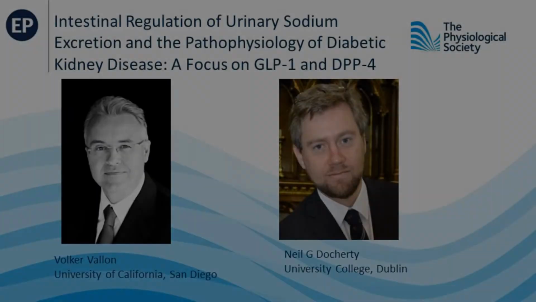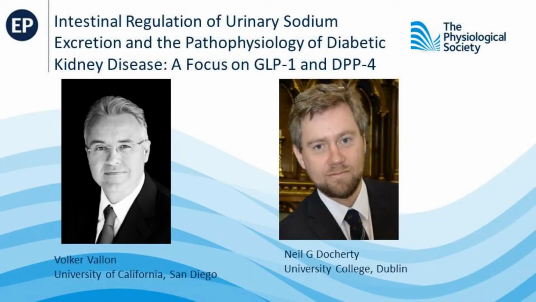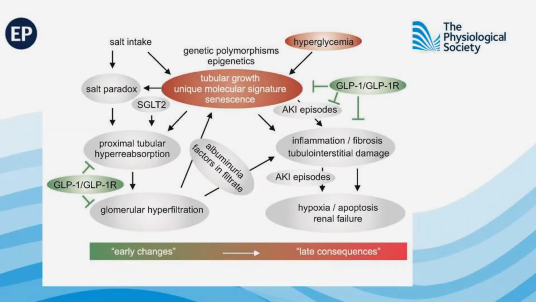symposium. Volker Vallon and Neil Docherty describe how hyperglycaemia acts as a pathophysiological stimulus for compensatory growth of the renal proximal tubule, targeted towards increasing renal tubular glucose handling capacity.